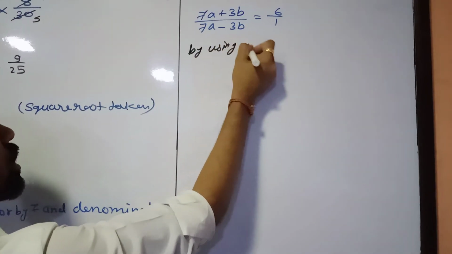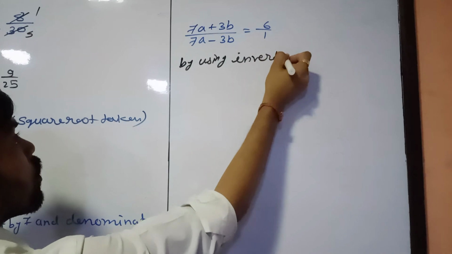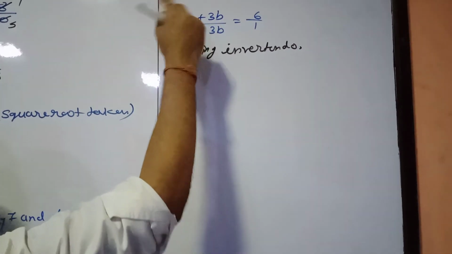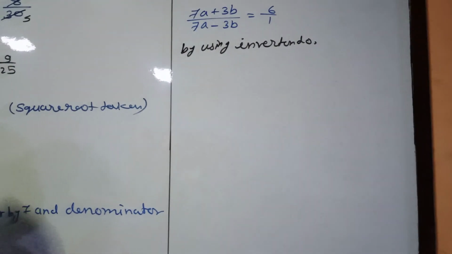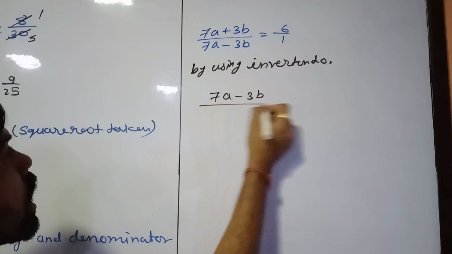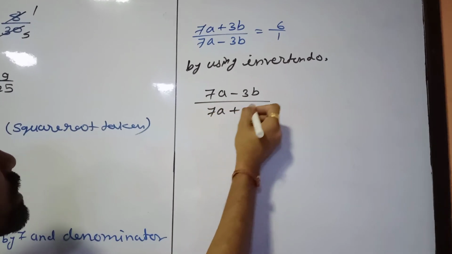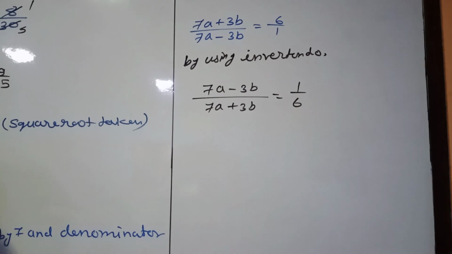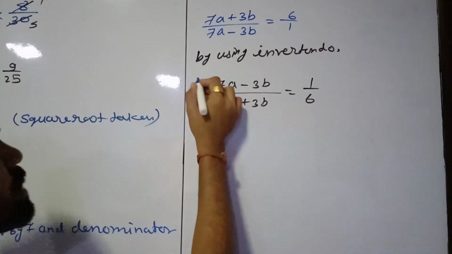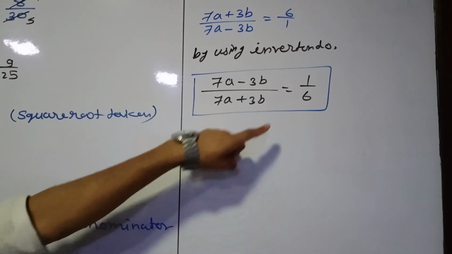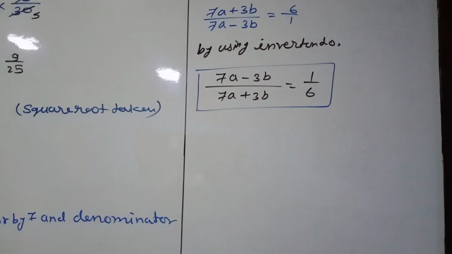Invertendo means the numerator will become the denominator, and the denominator will become the numerator. So it will become 7a minus 3b upon 7a plus 3b is equal to 1 upon 6. Because whatever change we do on the left hand side, the same thing we have to do on the right hand side also. So we get the answer 1 upon 6.